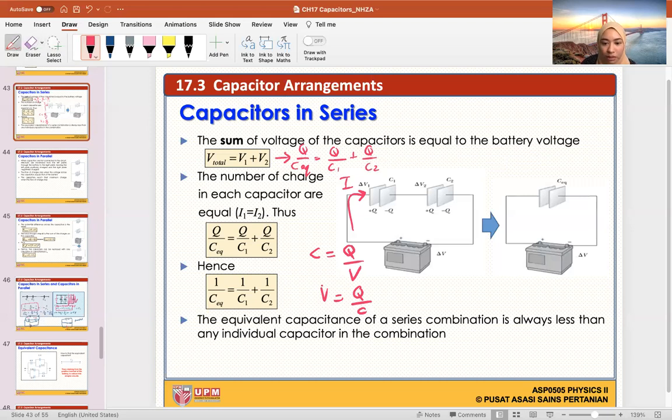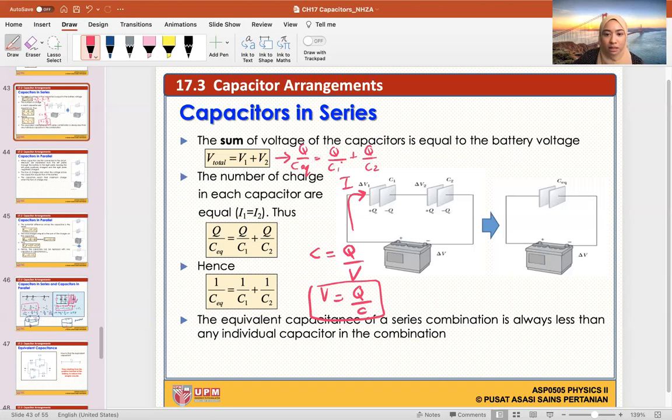Okay, from this equation. We started by saying V total equals V1 plus V2, and we know the equation for capacitance is C equals Q over V. For a series circuit, you get the same I, the same current, which means you have the same charges, the same Q. So I substitute V total to be Q over C equivalent, or Q over C total, equals Q over C1 plus Q over C2.